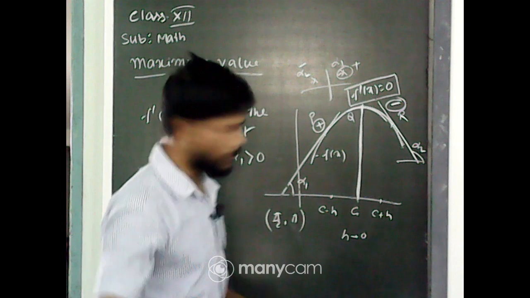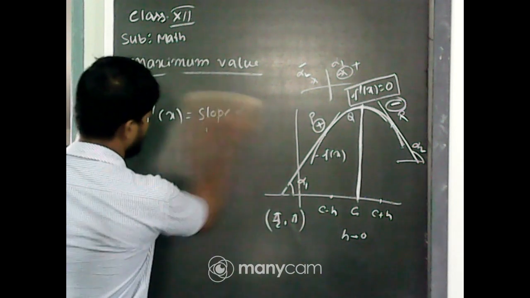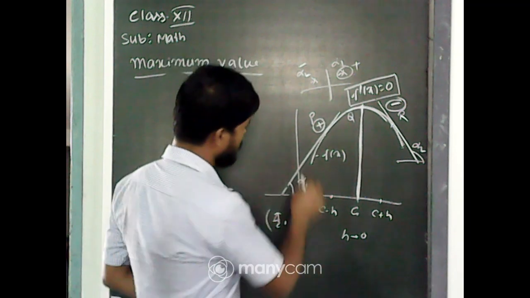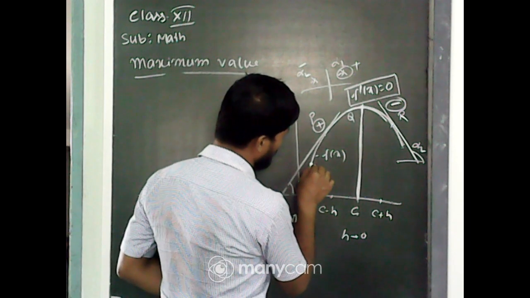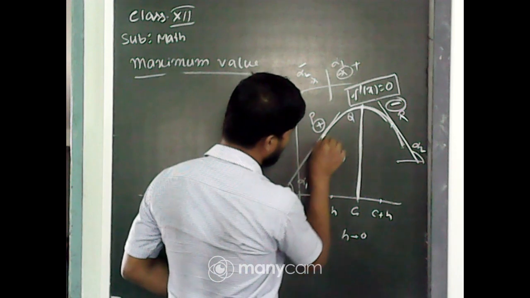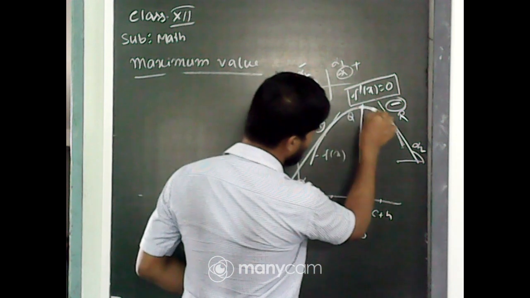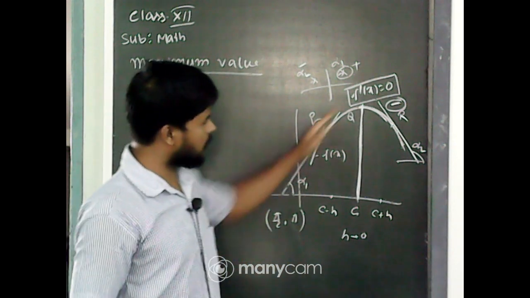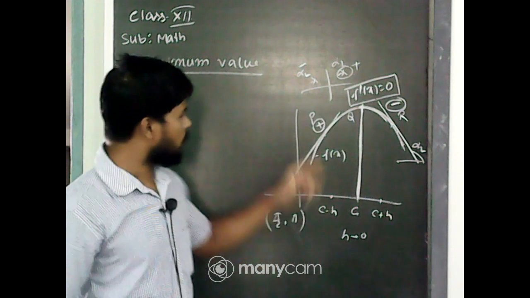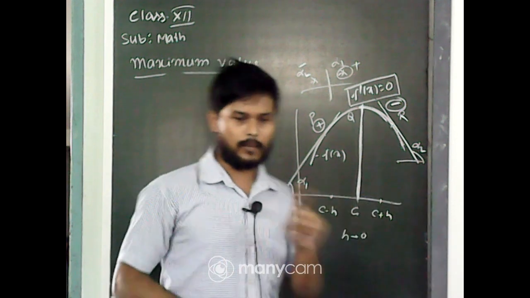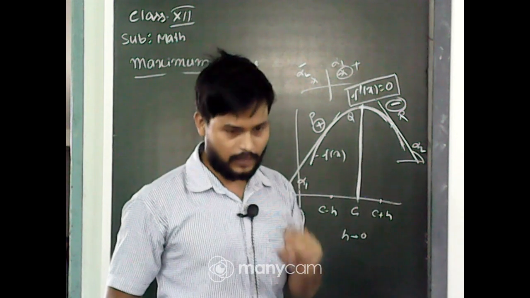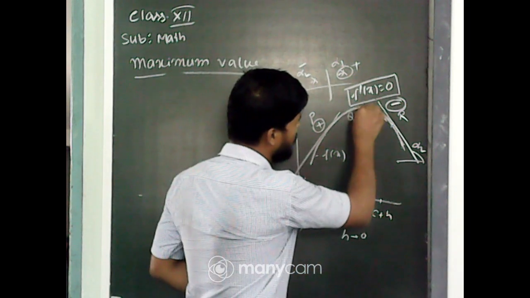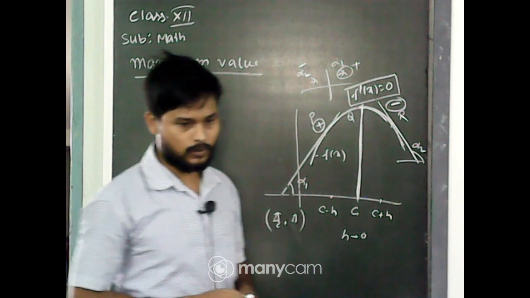Now look here. Look at the changing of the nature of the curve. Here f dash x is greater than 0, and in this portion f dash x is less than 0, and the curve is a continuous curve. So between these two points there must be a value of x for which f dash x will be equal to 0.